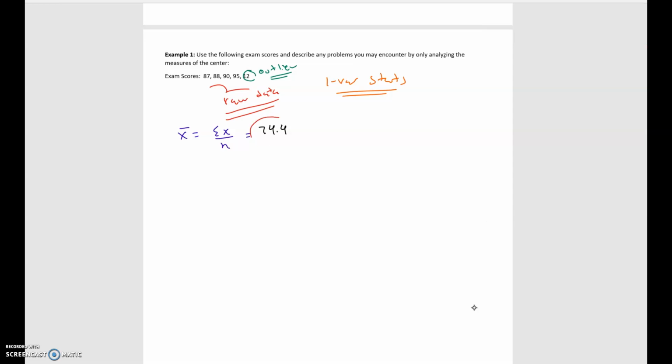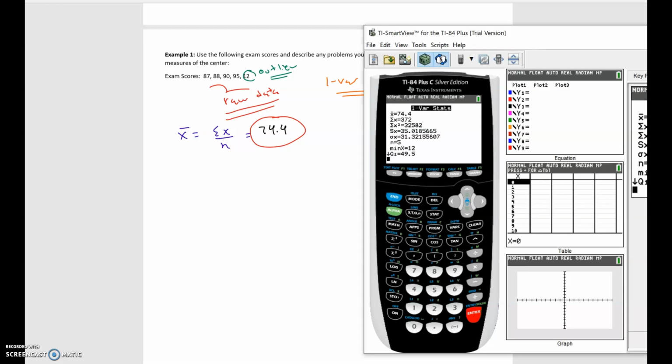In this situation, you really couldn't predict that most of the scores are actually C's. If you analyze the data set, most of these are above the 80s. You have 87, 88, 90, 95. The value that's pulling the mean is technically the 12.